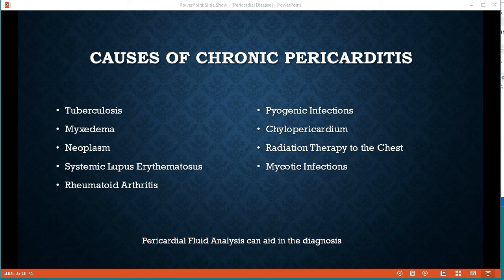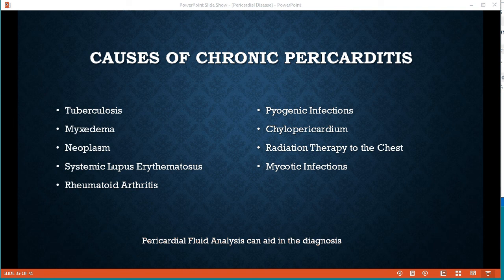So there are different causes for chronic pericarditis, and you have pyogenic infections, chylopericardium, which is some type of lymphatic problem where you have chylous output into the pericardium itself. Radiation therapy, obviously you have scar tissue formation, and so you can develop pericarditis from radiation itself.